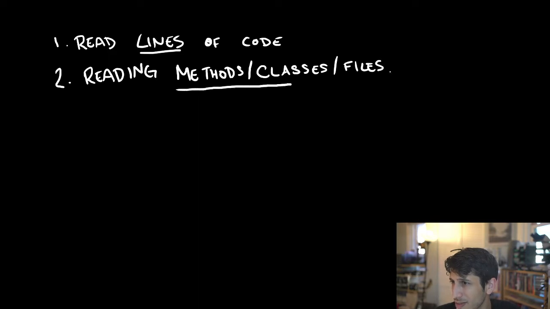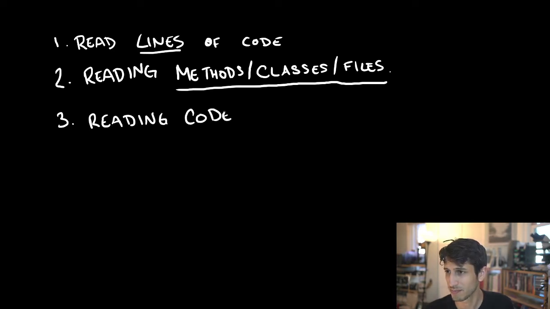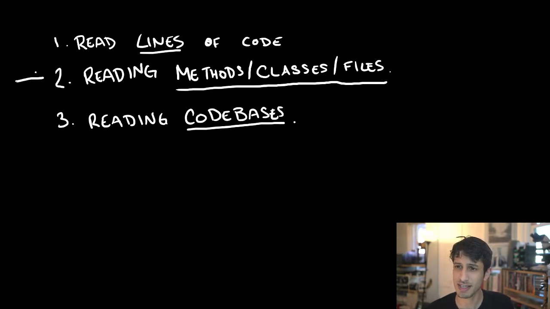So this is our second level up on this chain. And as a reminder, our third level was going to be reading code bases. Code base, if you haven't heard that term, is a collection of files and classes and things like that. But what we're going to be talking about today is this second step.